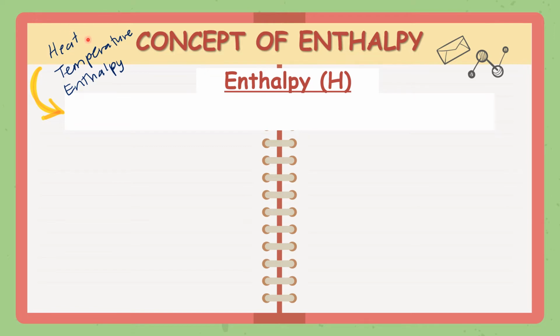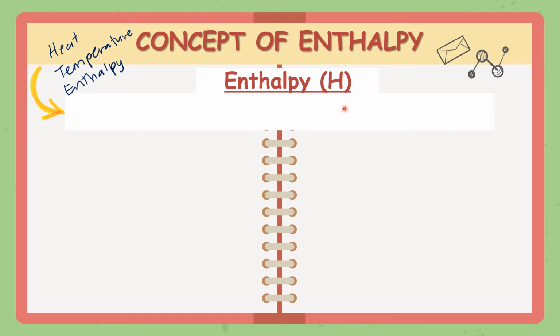Temperature is a measurement of the heat, so that we can know the temperature in degrees Celsius. It is a measurable unit. And then enthalpy is the amount of heat flow. Heat itself is only energy, but enthalpy is heat flow in or out of a system.